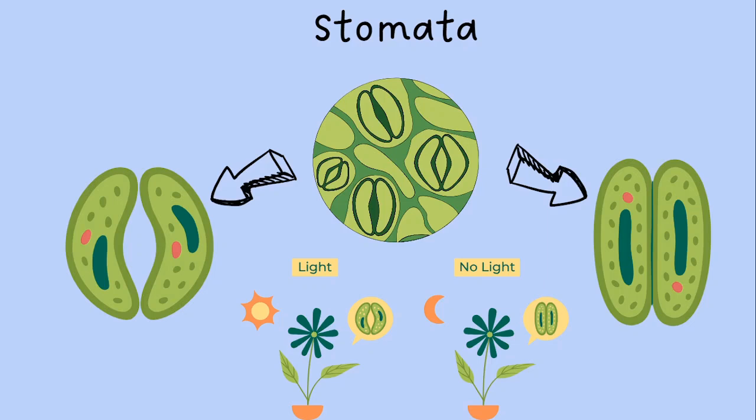First one is the K plus ion concentration theory, where ATP is used to actively pump K plus ions from adjacent cells into guard cells, which makes the guard cell hypertonic, and as a result, it allows the movement of water into guard cells. Okay, then the guard cell swells up and opens up the stomata.